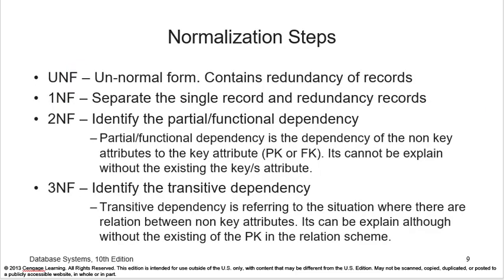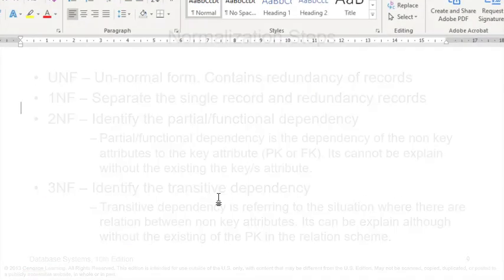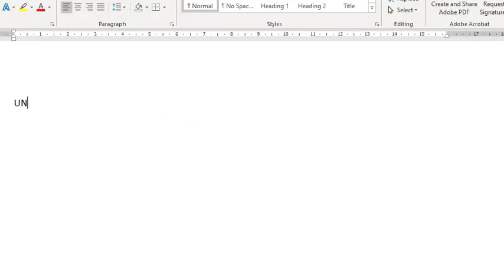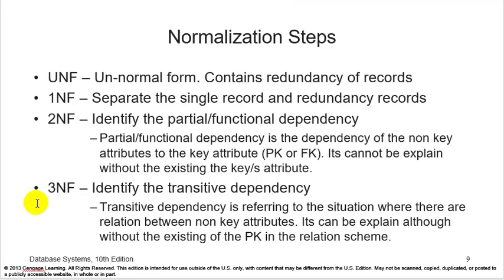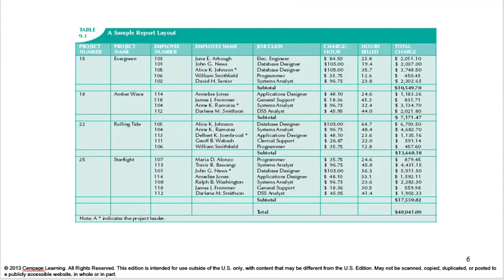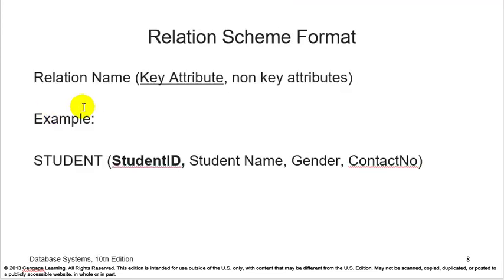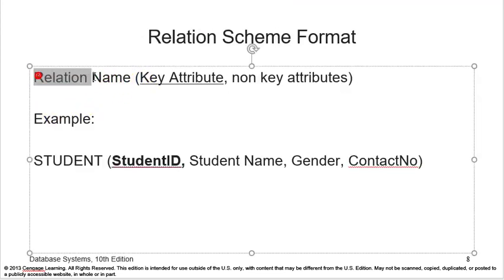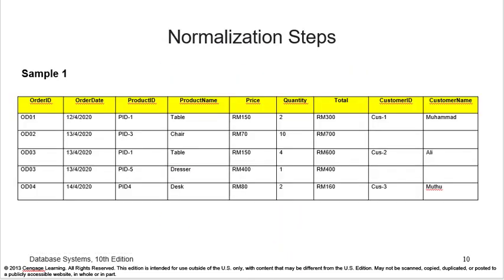So how to write down the UNF? Remember again the relation scheme. We have to start with the relation name, and key attribute and non-key attribute. In this case, try to look at the first column.